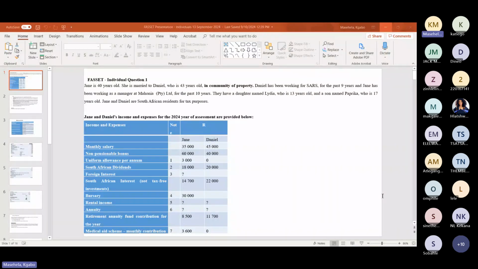Our issue as tax lecturers, maybe it's not only tax lecturers, even accounting, is the framework, the structure on how to calculate an individual's taxable income. That is very important, and most of you guys missed it. And once you miss the structure, then you'll go wrong.